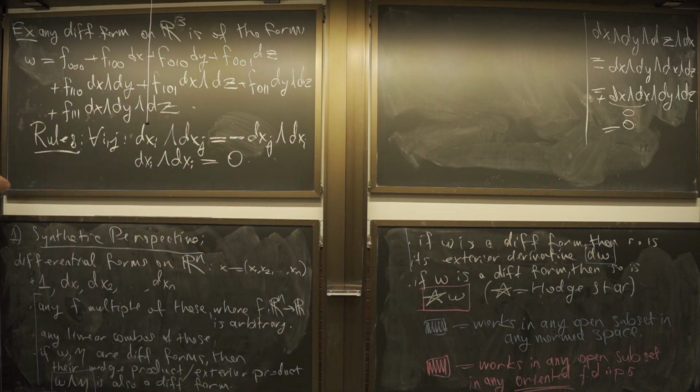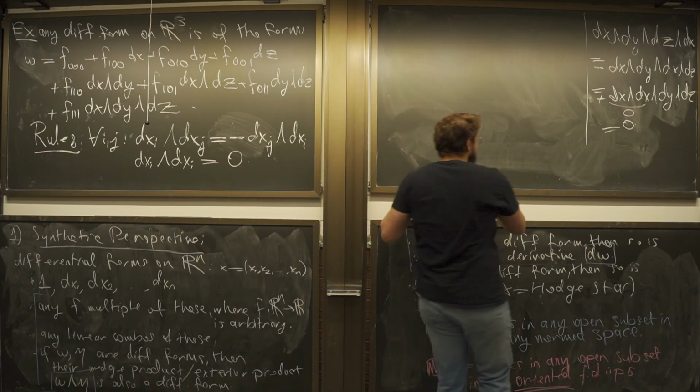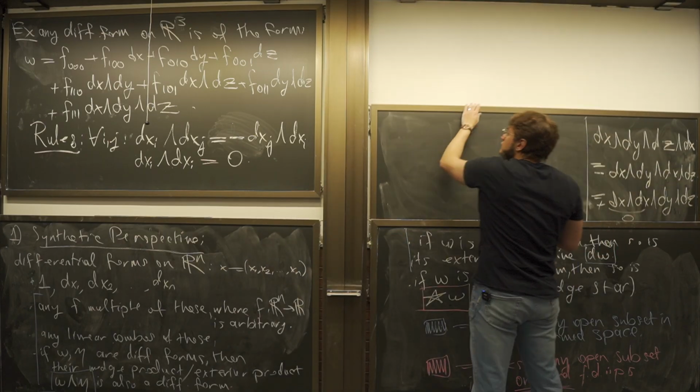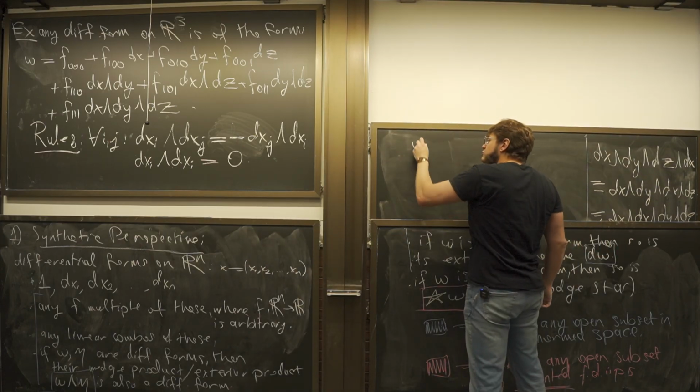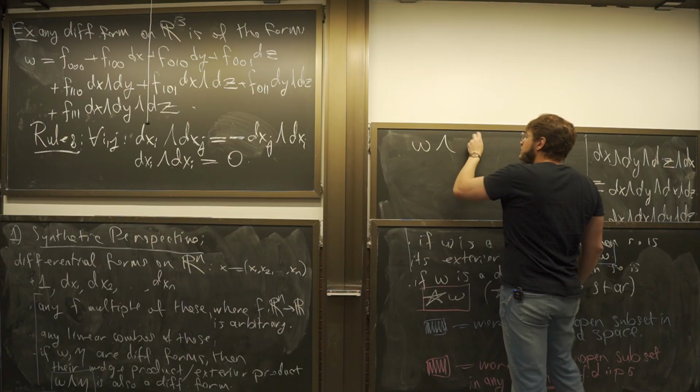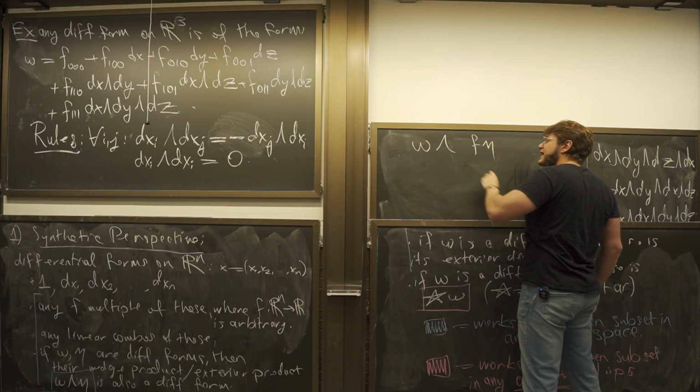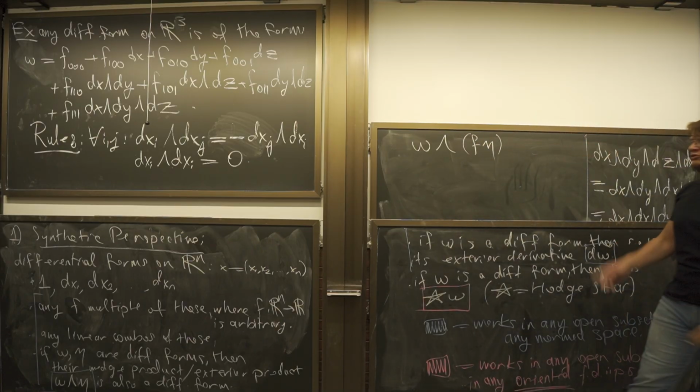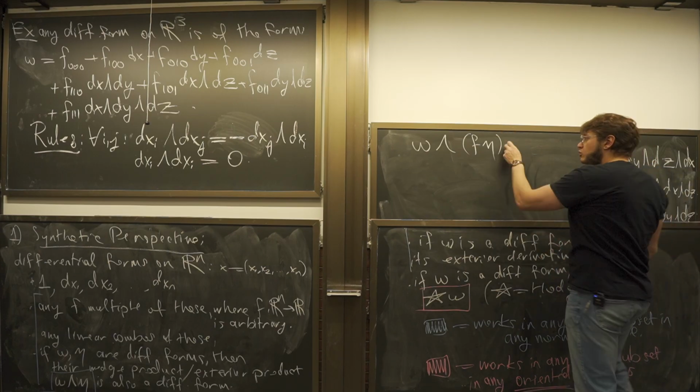What about wedging something that has a function next to it? Well, functions you get to take out, okay? So if you were to wedge omega against f eta, you get to take f all the way there.